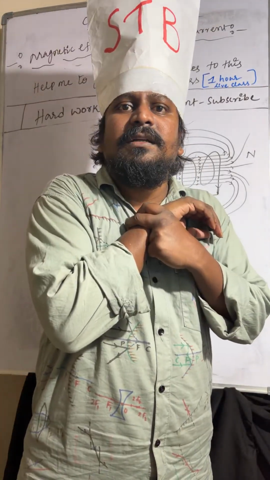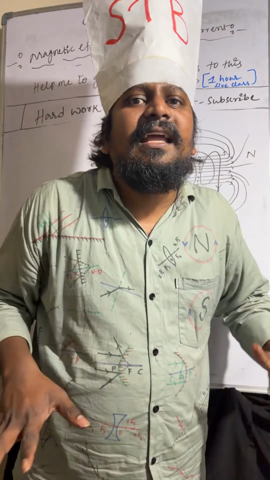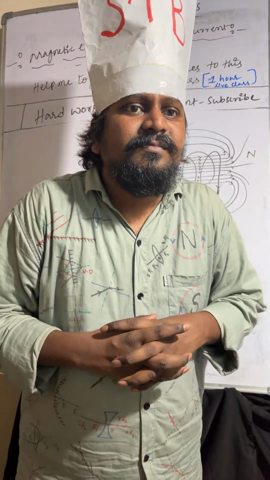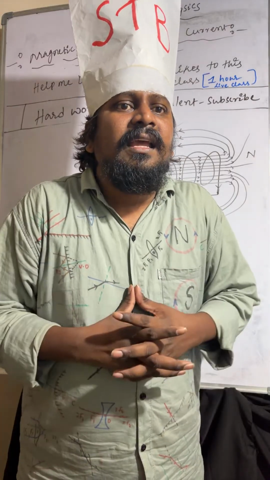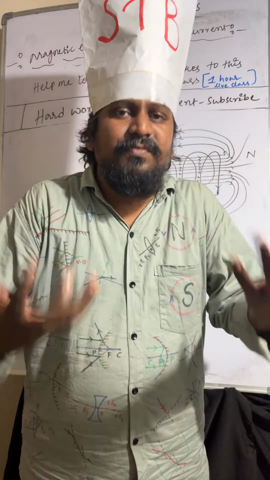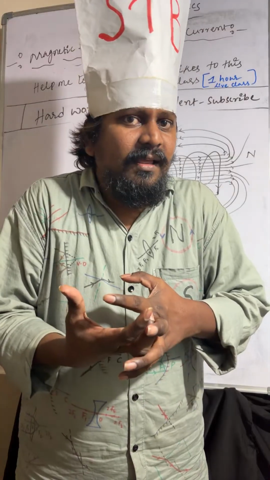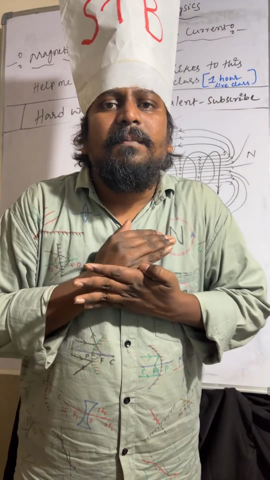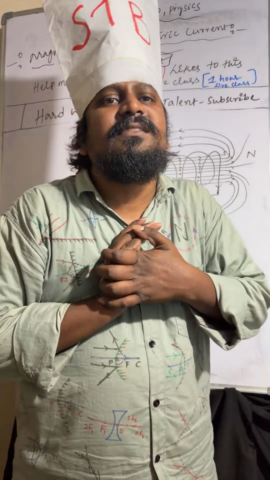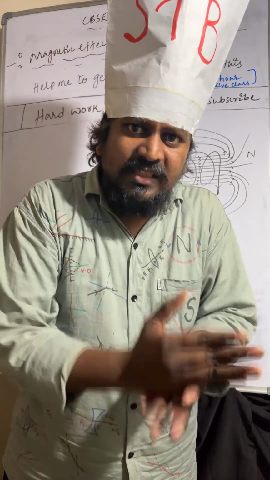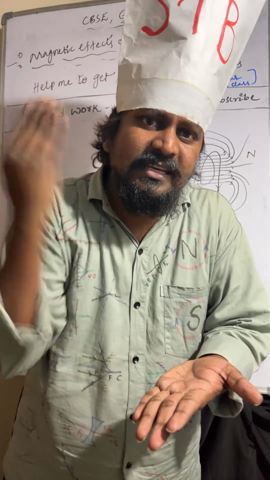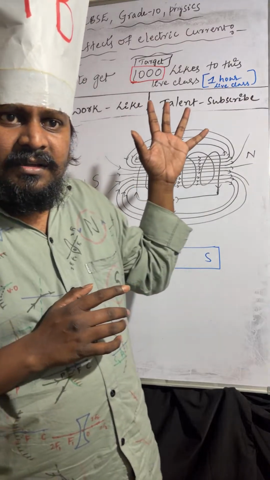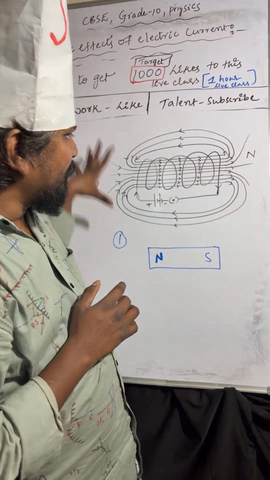We can increase the magnetic field by increasing the strength of current and by increasing the number of turns. If you send more current, more magnetic field will be there.